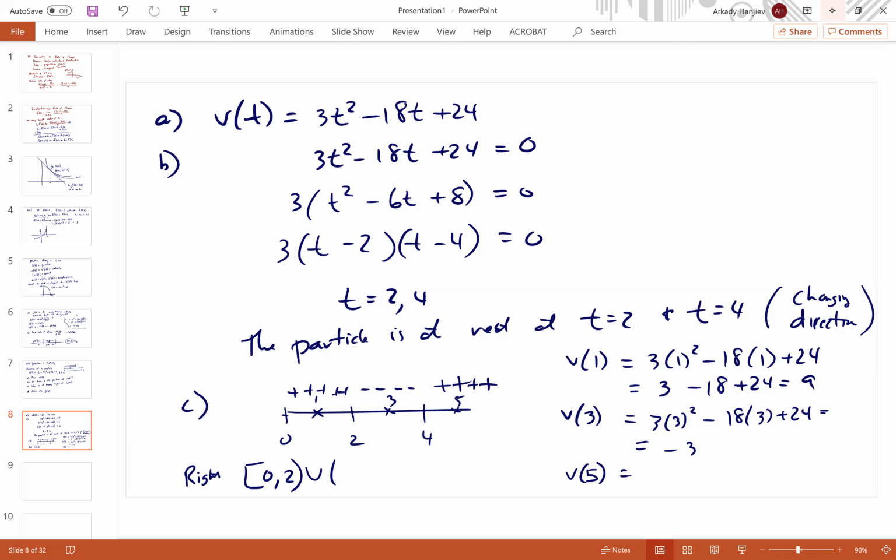And then anything after 4, 4 to infinity. There it is. It's moving to the left in that little gap from 2 to 4.